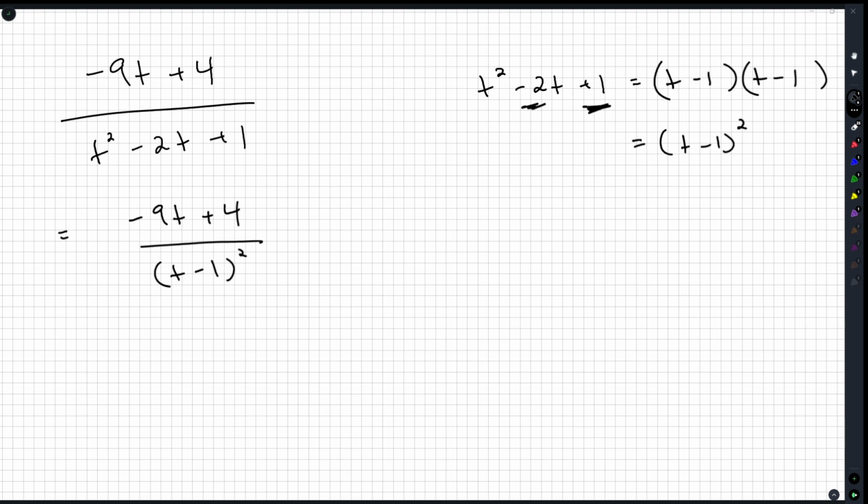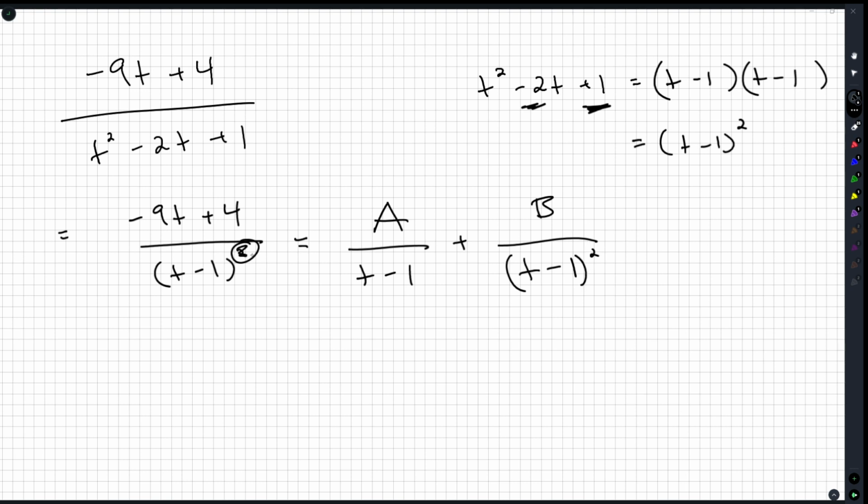So what's the decomposition that you use when you have a repeated linear factor? A over t minus 1, and for each factor, starting with t minus 1 to the power 1, all the way up to however many you actually do have on the bottom, in this case 2, you introduce a new partial fraction.